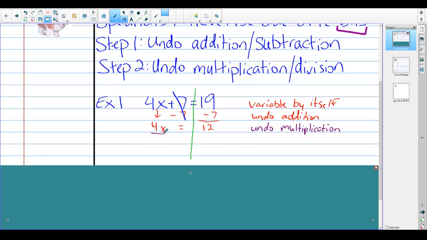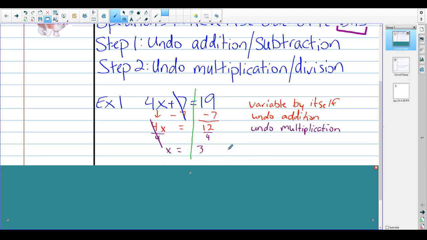So to undo multiplication, we need to divide. So we're going to divide both sides by 4. Okay. And then 4 divided by 4, this is going to cancel out. We're left with just x on one side. And on the other side, 12 divided by 4 is 3. Okay.